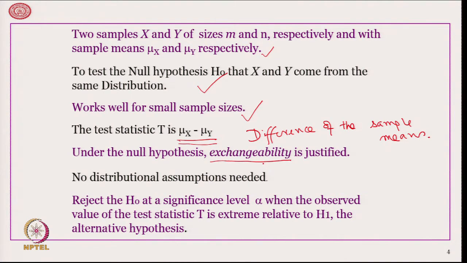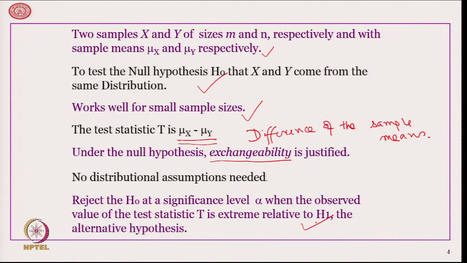So, it is a new term that we are coming across. I am explaining what it is. No distributional assumptions are needed. Therefore, we are not assuming anything about the distributions, but reject H naught at a significance level alpha when the observed value of the test statistic T is extreme relative to H 1, that is the alternative hypothesis.